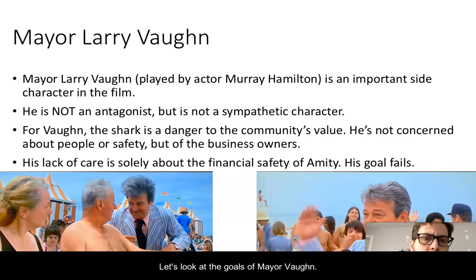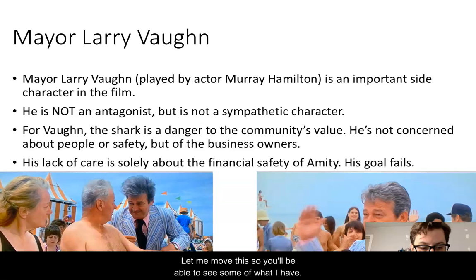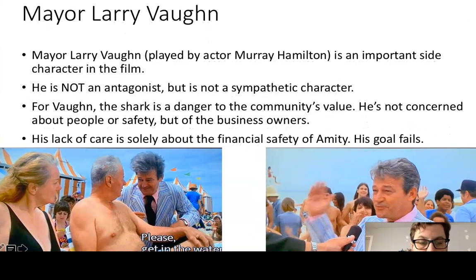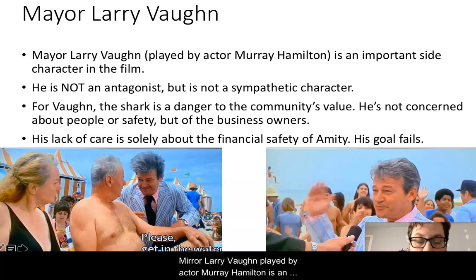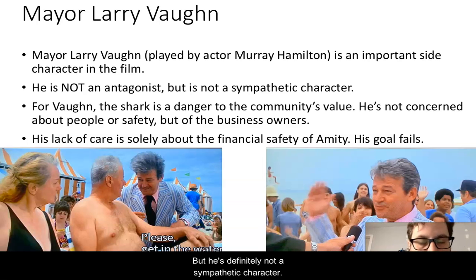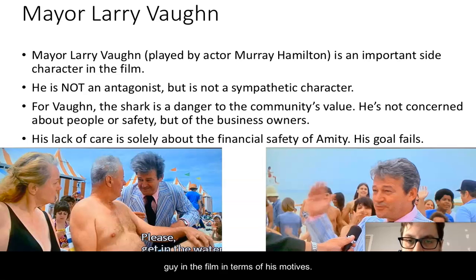So let's look at the goals of Mayor Vaughn. Let me move this so you'll be able to see some of what I have posted down below. All right. Mayor Larry Vaughn, played by actor Murray Hamilton, is an important side character in the film Jaws. He is not the antagonist, that is the shark, but he is definitely not a sympathetic character. He's probably the closest we could all come to saying is a bad guy in the film in terms of his motives.